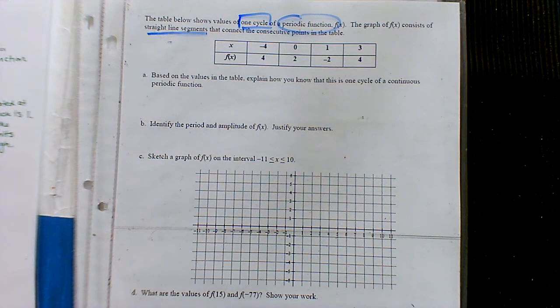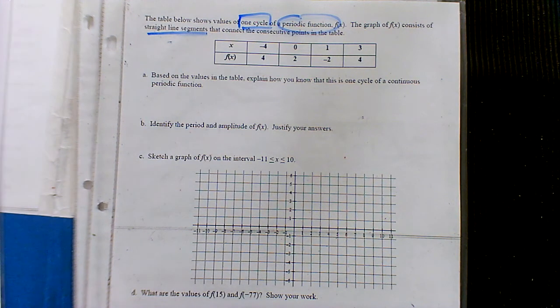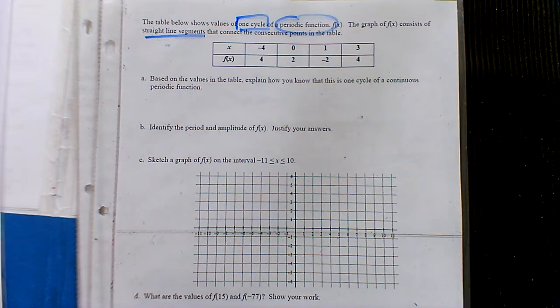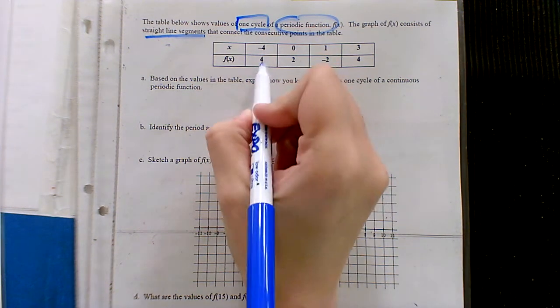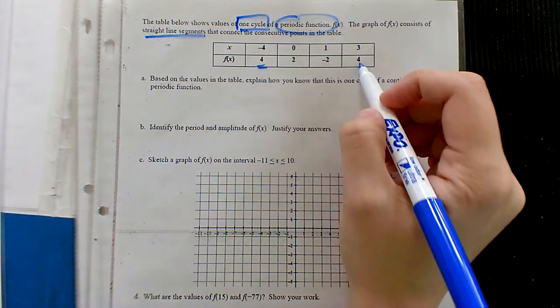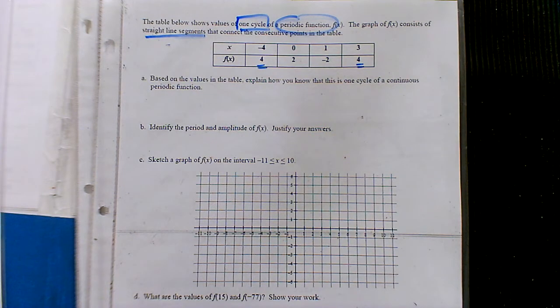Before we actually graph it, based on the values in the table, how do we know that this is exactly one cycle? Take a look at the numbers. How do we know that this is going to repeat itself? Yeah? It goes back to the y being 4. Exactly. Notice how this beginning point starts at a height of 4, and the ending point ends at 4.